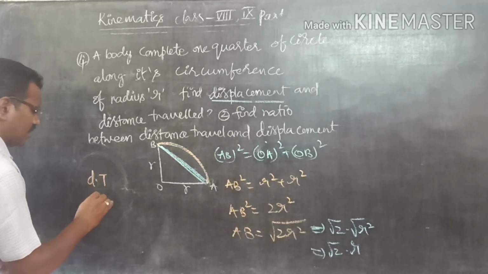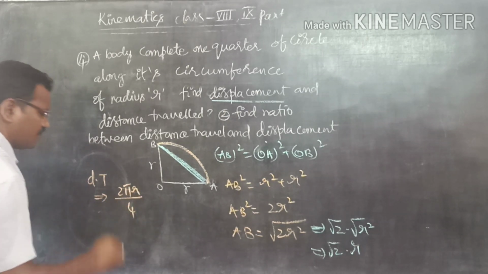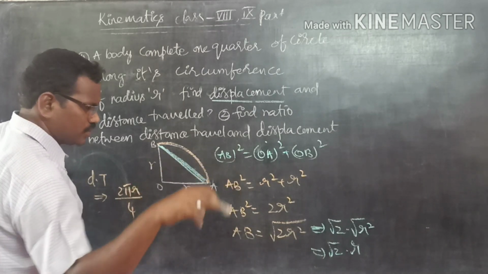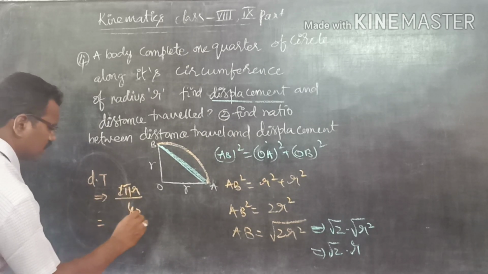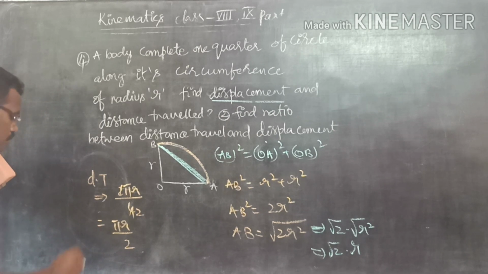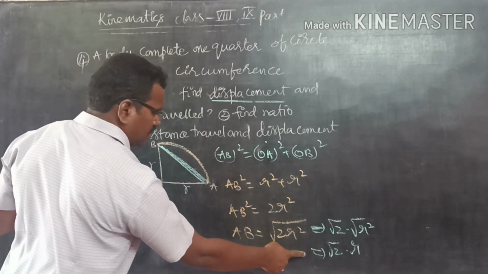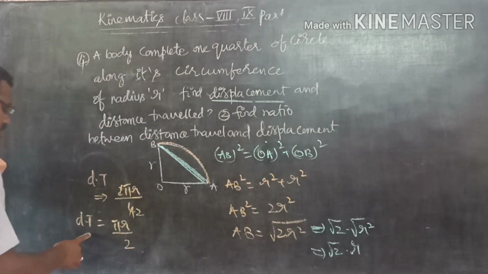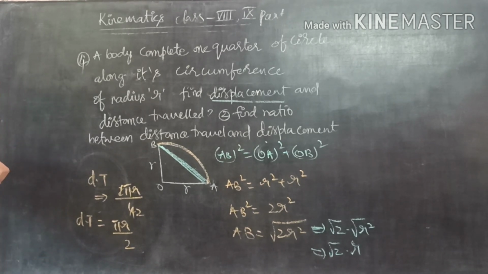So distance traveled is equal to the total circumference of the circle divided by 4. If it were half of the revolution, it would be divided by 2, but here it is only 1/4. Now the value becomes 2 pi r by 4, that is pi r by 2. This is the value of distance traveled. The displacement is root 2 r, whereas the distance traveled is pi r by 2.